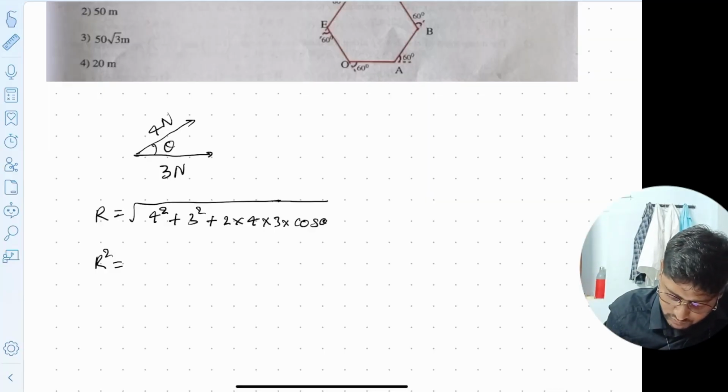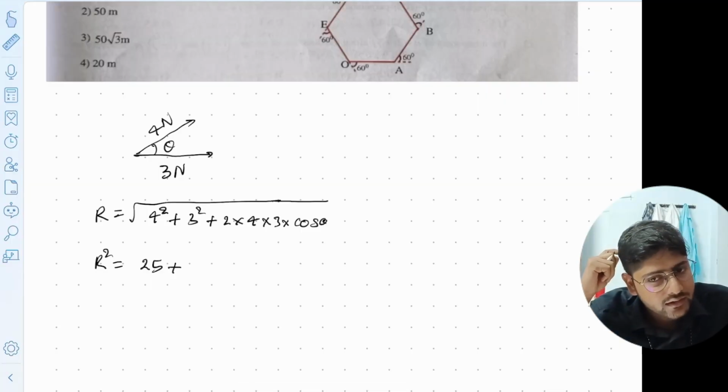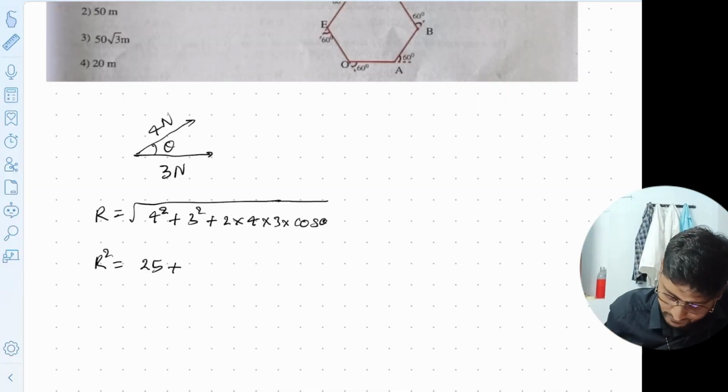So R square equals 25 plus 2 into 4 into 3, 24.